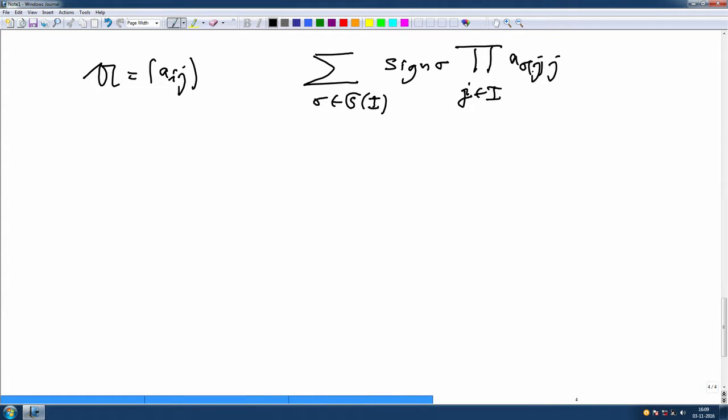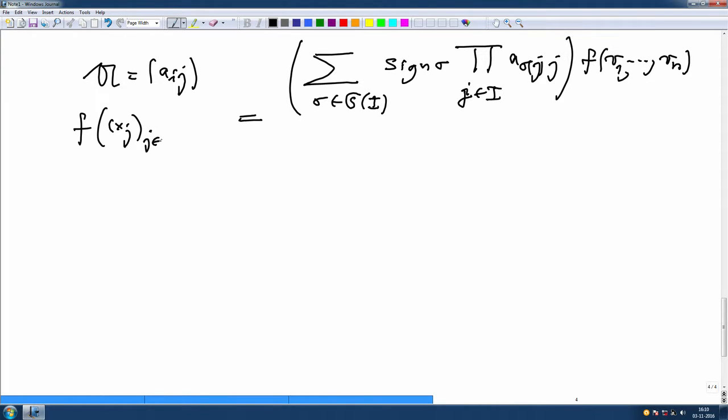I should write a bracket here. This is important. This is the coefficient of f of v1 to vn. This was the value of that tuple f of xj. So, this one could define as the determinant of the matrix A. It is so important because of this formula.